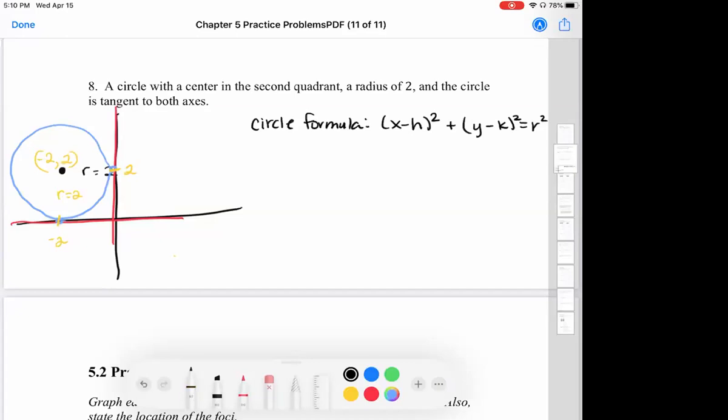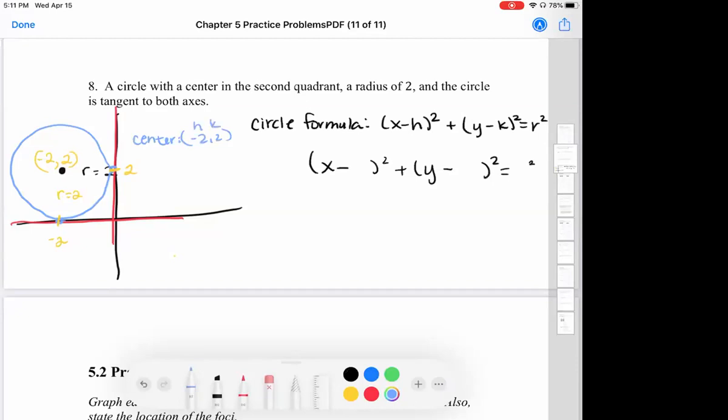I need to fill out those pieces. I have a center at -2, 2, so that's h and k.